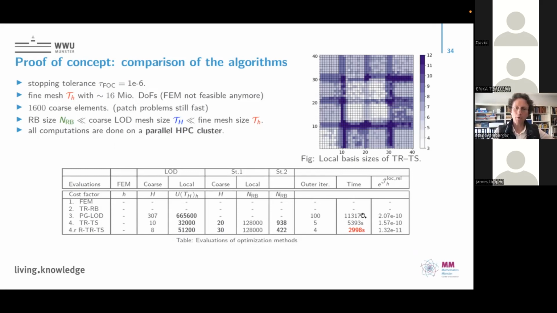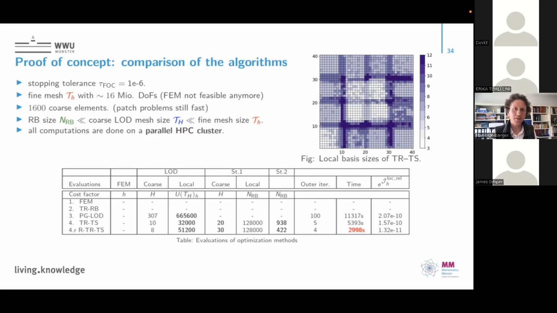And if you now employ this additional speed up with the two-scale reduced basis method and also some tricks to speed up the trust region optimization solver, this is the relaxed version with the R here, then you see what you benefit and how you can bring down this computation time to some reasonable time for these large scale problems.